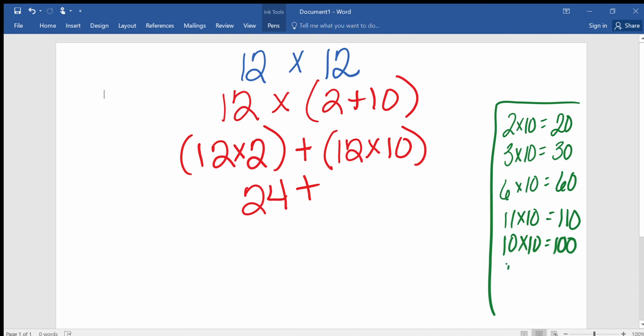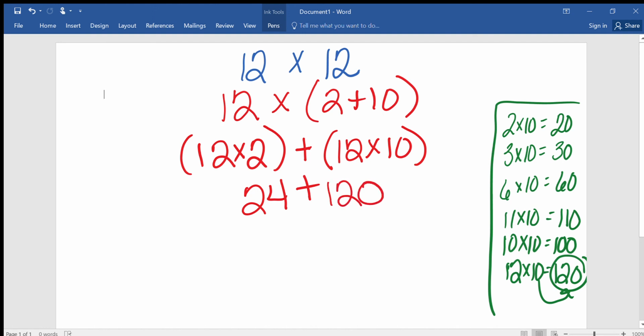So that means 12 times 10 using the zeros rule, you got 12, put the 0 there, and it's 120. That's what makes 10s easy with bigger numbers.